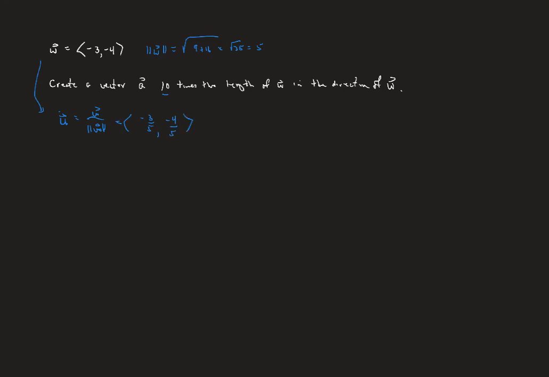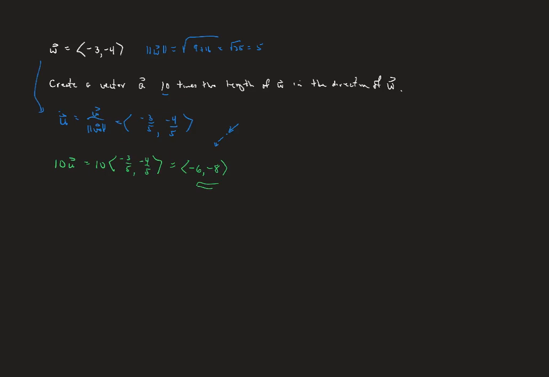So there's our unit vector in the direction of w. So now it's pointing in the right direction. Now we want to make it have a length 10. So what we do is just take 10 times that vector u. And in this carefully constructed problem, 10 times the 5 will cancel. That's going to be negative 6, comma, negative 8. So there is our vector in the direction of w with a length of 10.